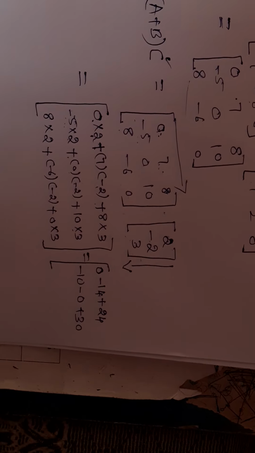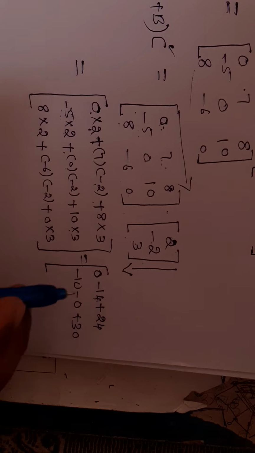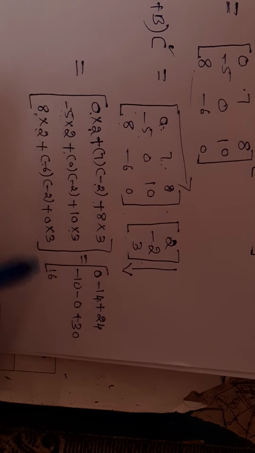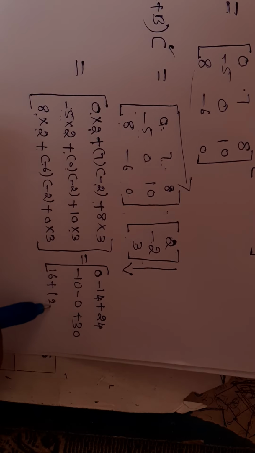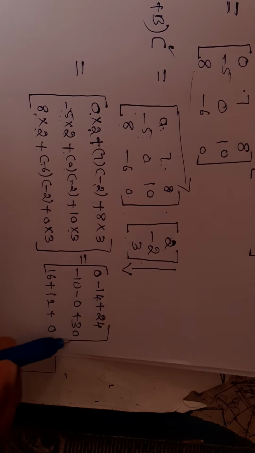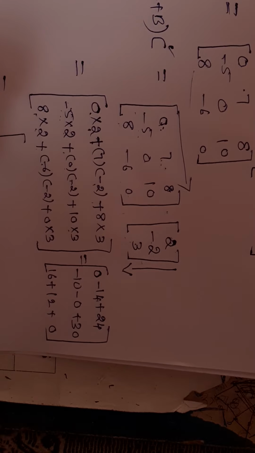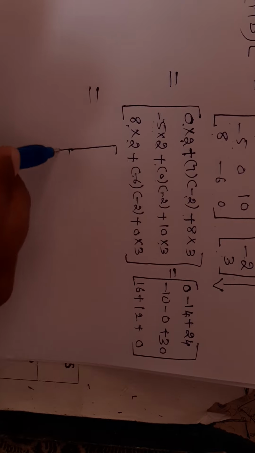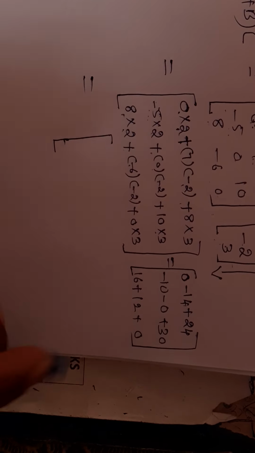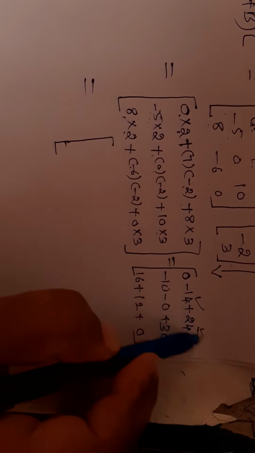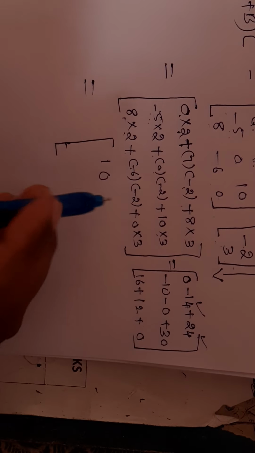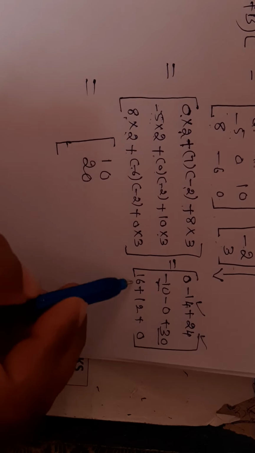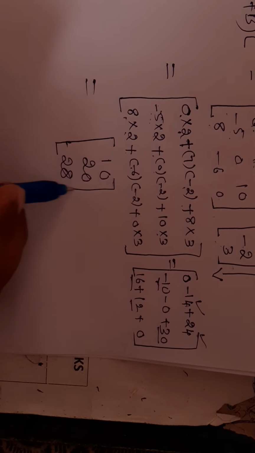Then the last row: 8 into 2 is 16, then minus into minus is plus, 6 2s are 12, plus 3 into 0, that will be 0. So minus 14 plus 24 is 10, then minus 10 plus 30 is 20, then 16 plus 12 is 28.